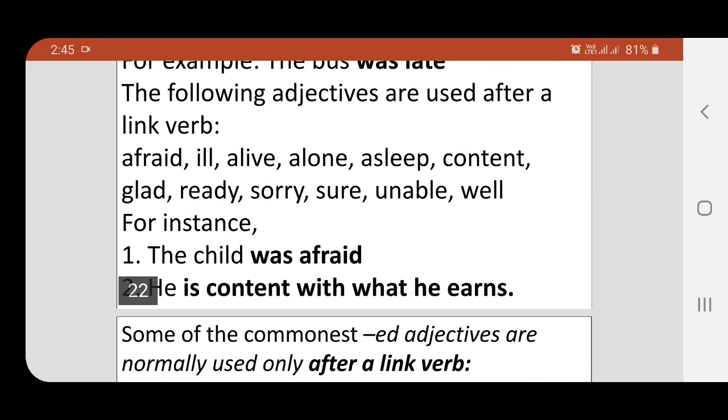The child was afraid of something. The child was afraid of the dog. He is content with what he earns. He is satisfied, content with what he earns. So, is is the link verb here. So adjectives are placed after the link verbs.